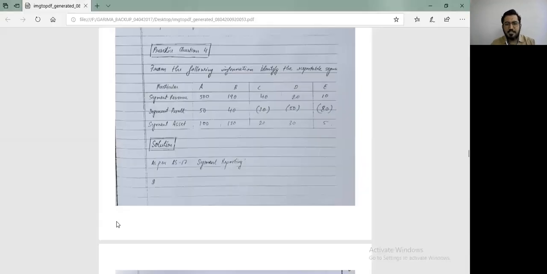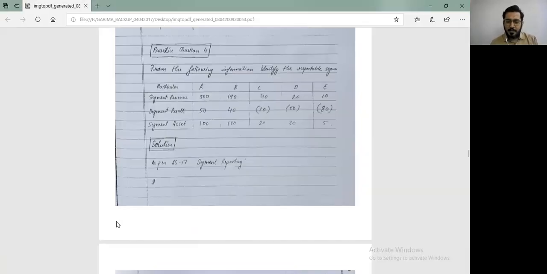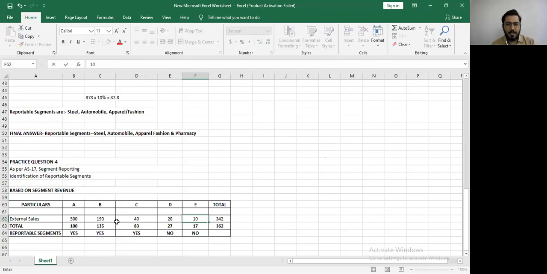Your external sales is 500, 190, 40, 20, and 10.